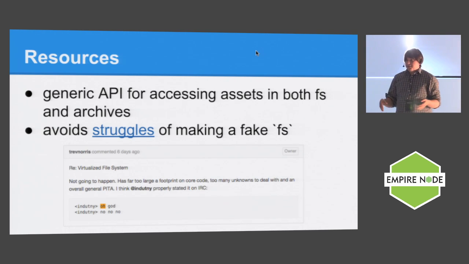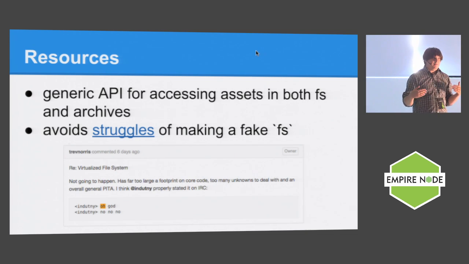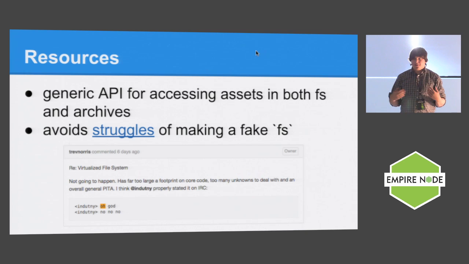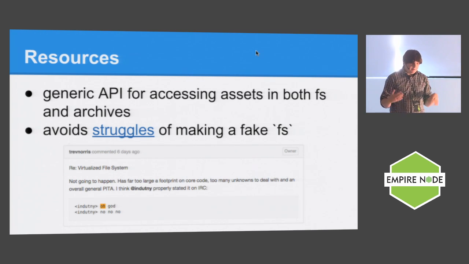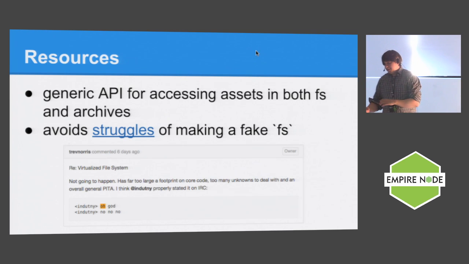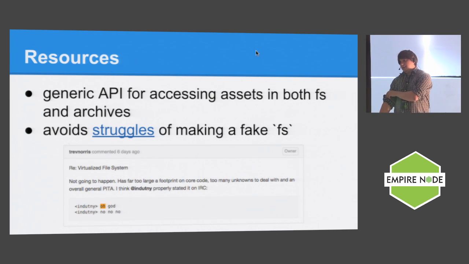So, resources. The solution to all those problems is a concept present in pretty much any sort of executable distribution system out there, called resources. They've been in Windows since Windows 95, and they're in Java, and various other things like bundler and gems have a concept of resources.